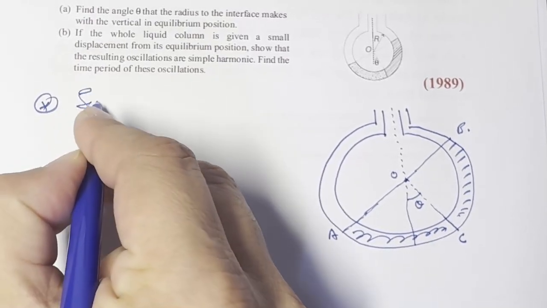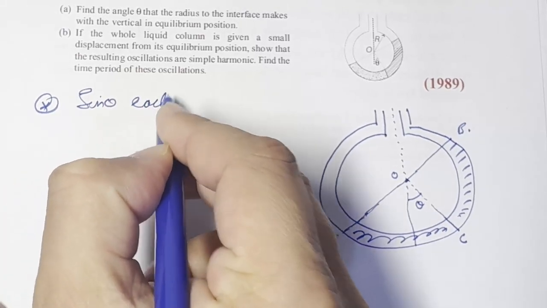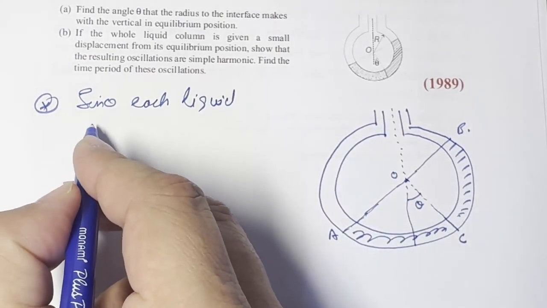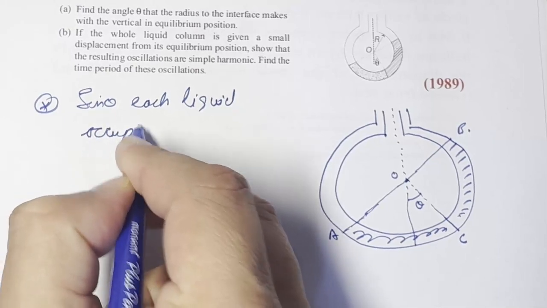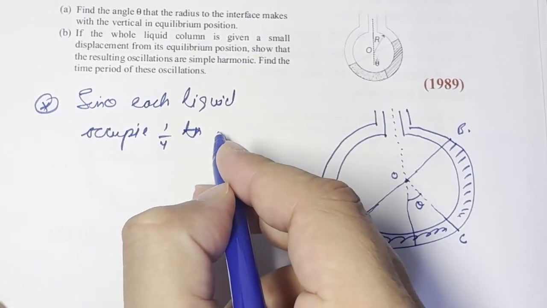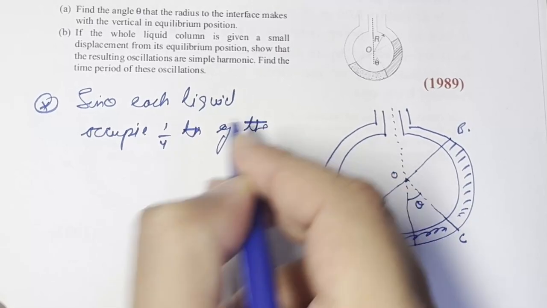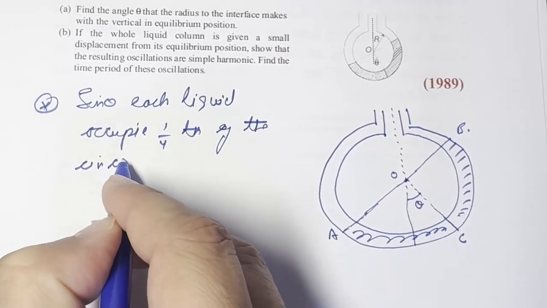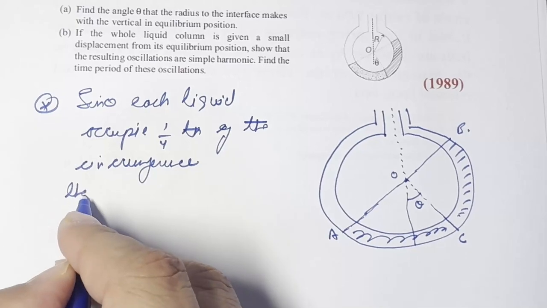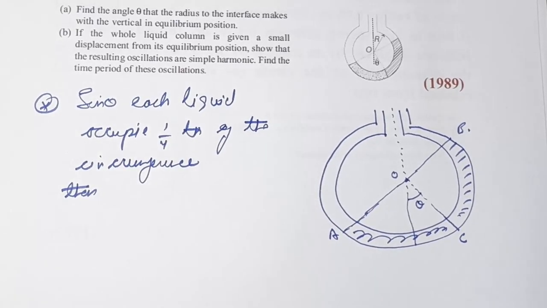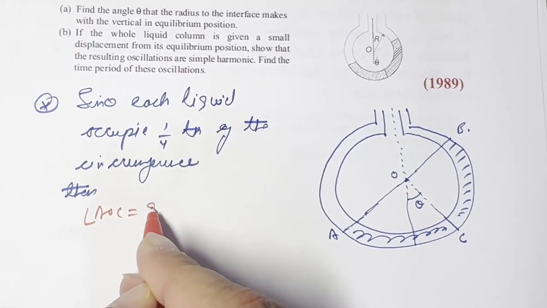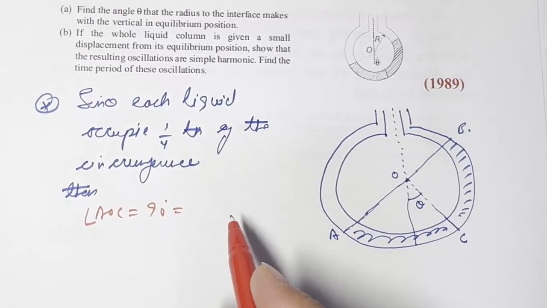Since each liquid occupies 1/4 of the circumference, we can write angle AOC will be equal to 90 degrees, and that will be equal to our angle BOC.